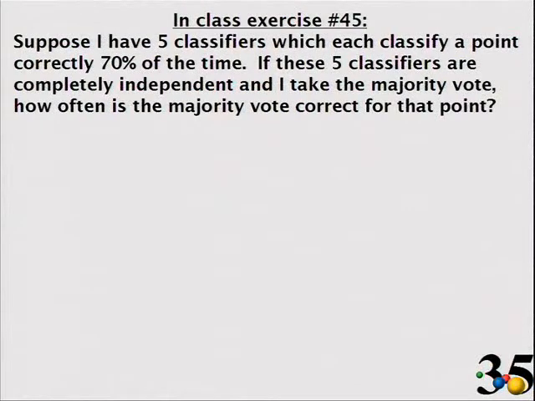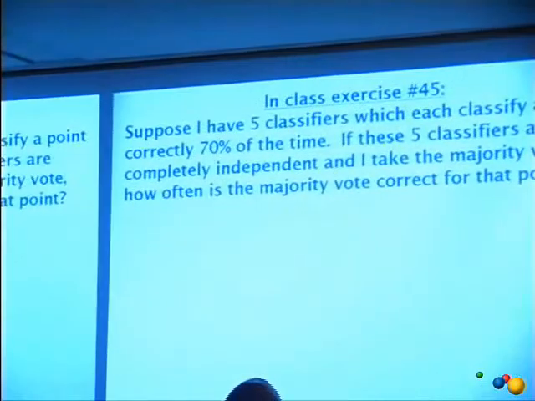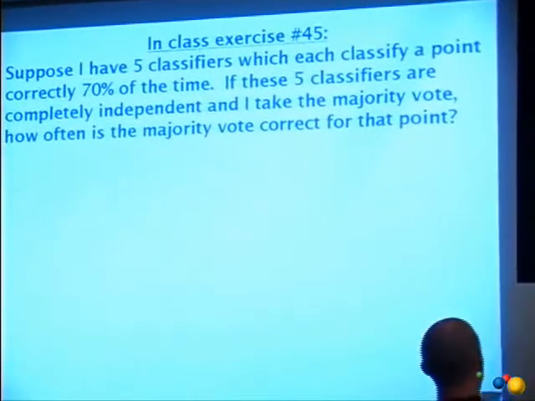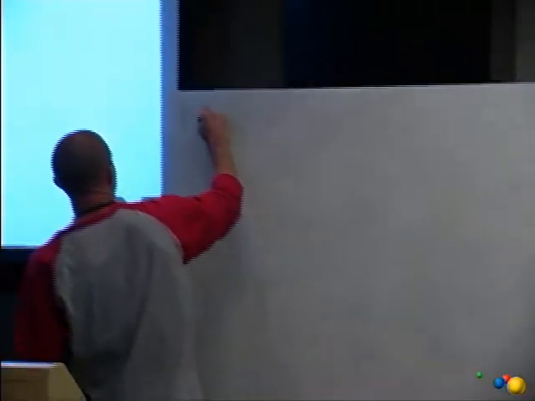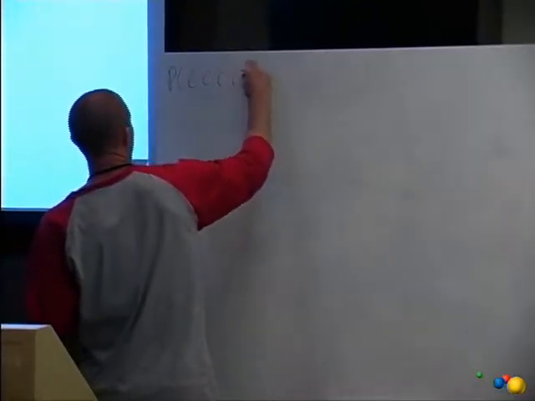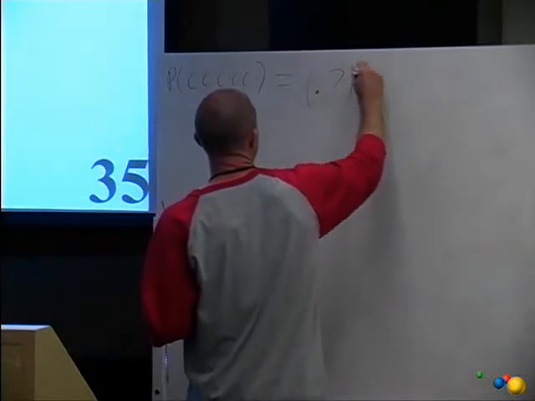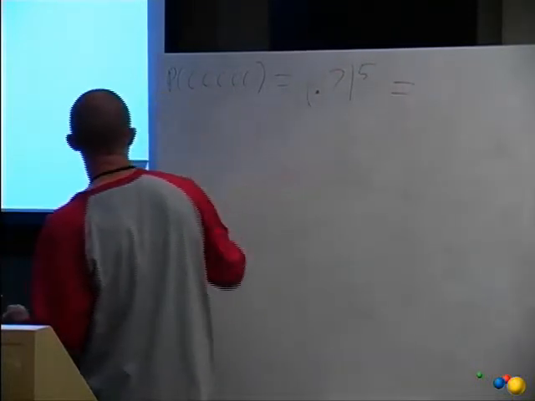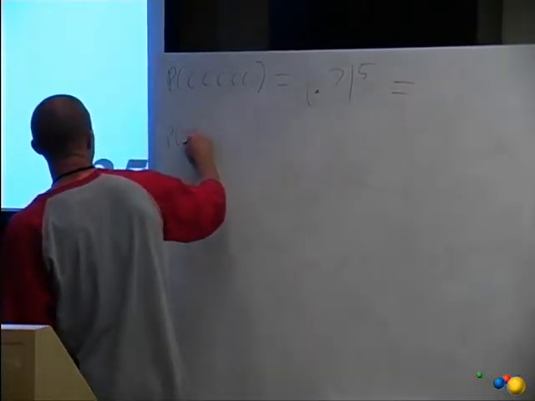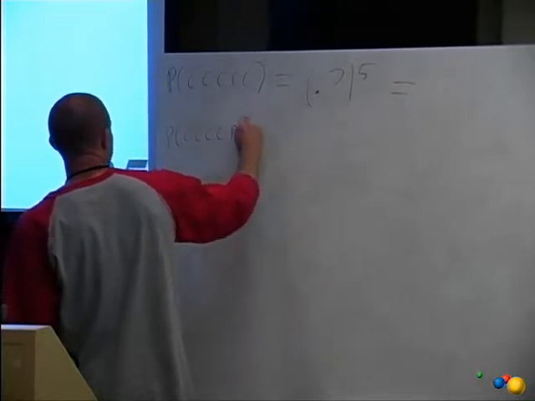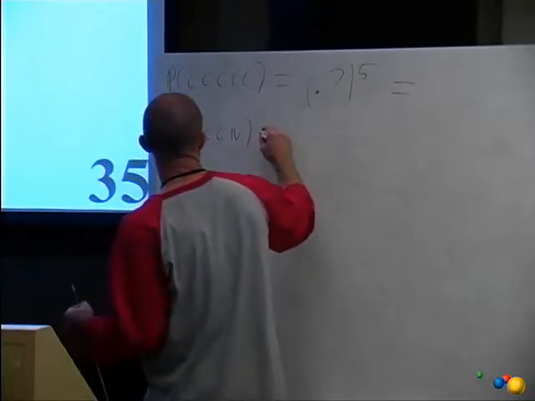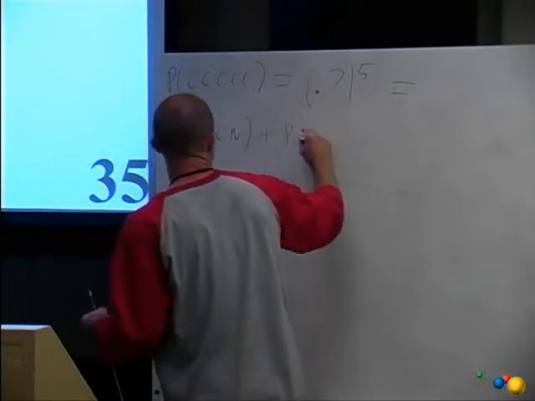Specifically in this case, if each one is 70%, and we're looking for the majority vote out of 5, of course if all 5 are correct, that's just 0.7 to the 5th. That would count. Also, if just 4 of the 5 were correct, okay? This is a binomial distribution.